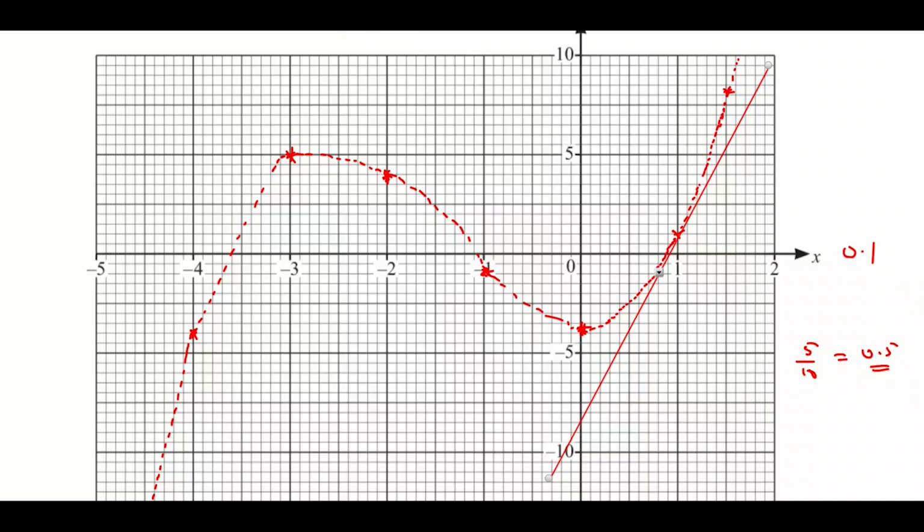Then you need to pick 2 points. So I can pick this point here. I'm looking for the exact point. I think I'm good with this. So I can pick this particular point at x equals this.